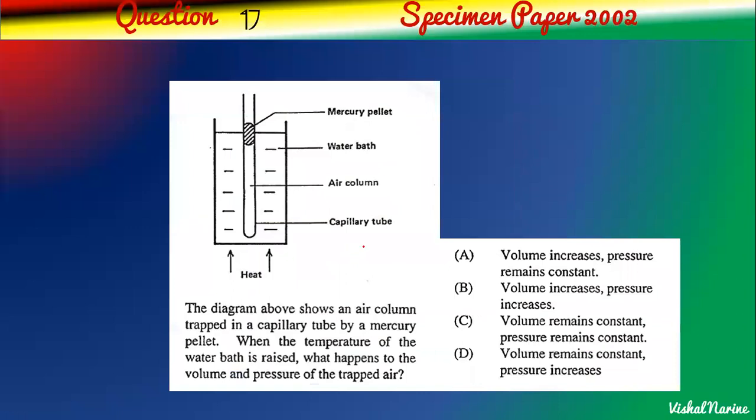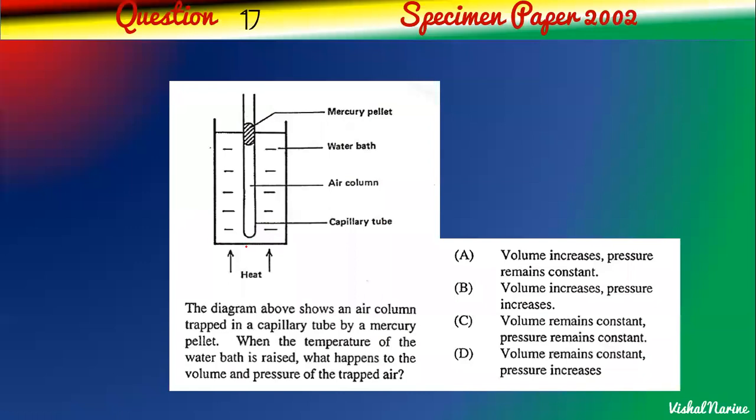Question 17. The question basically tells you that if you increase the temperature by adding heat to the water bath, what is going to happen to the volume and pressure of this trapped air? Because we have a mercury pellet here and we have air in the column.